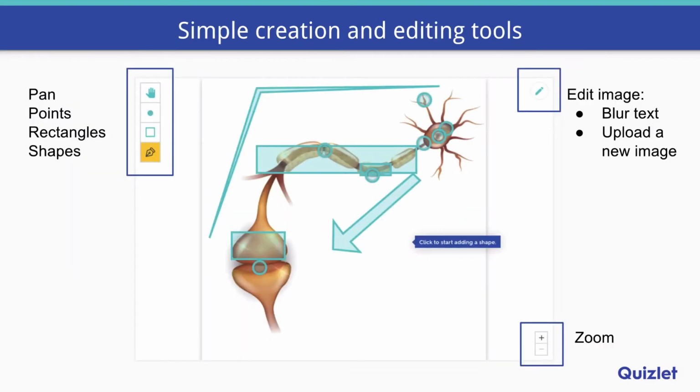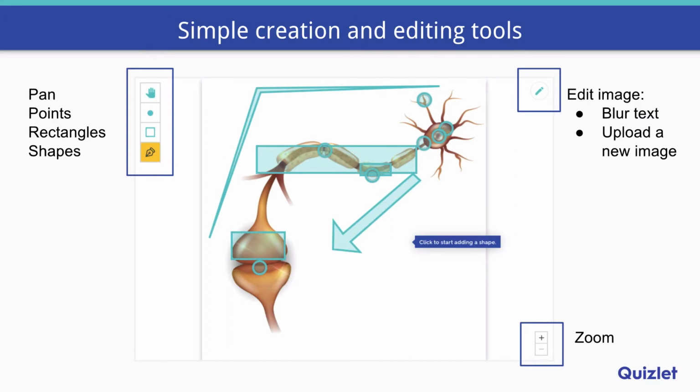So just to talk a little bit more about the options you have in creating your diagram on Quizlet, this is a great example of a lot of different location types that you can add to your image. You can see on the left and in the example in the center, we have points, we have rectangles, and we have custom shapes.